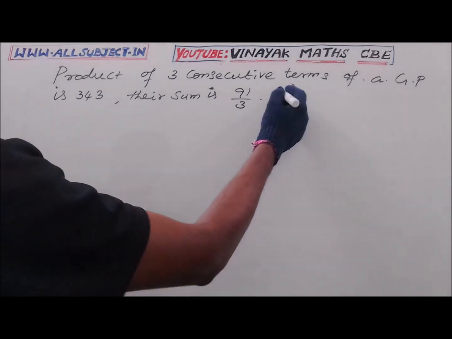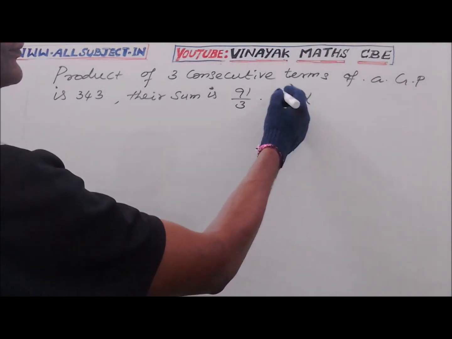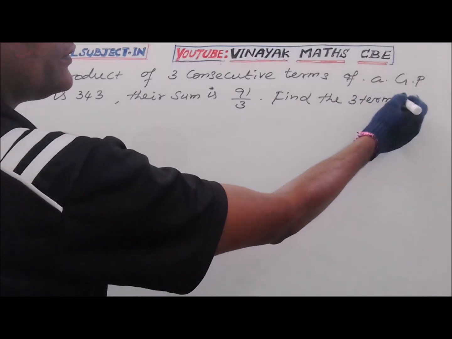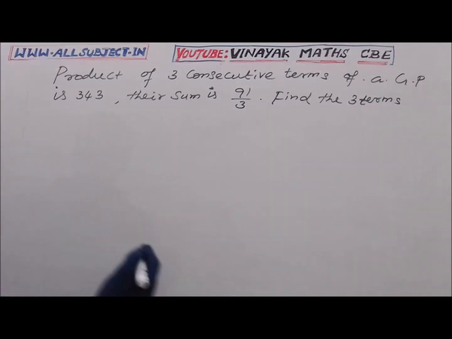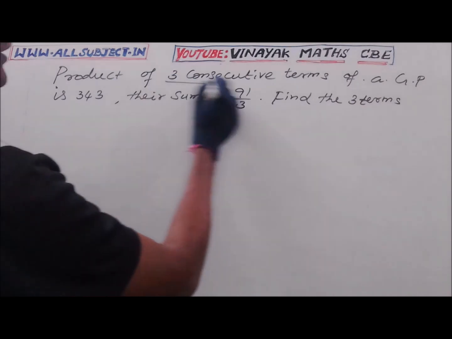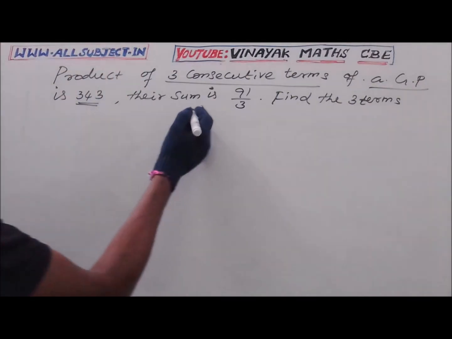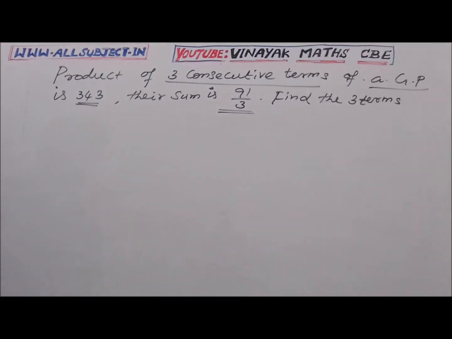Find the 3 terms. The 3 consecutive terms of a GP have product 343 and whose sum is 91 by 3. Find the 3 terms.